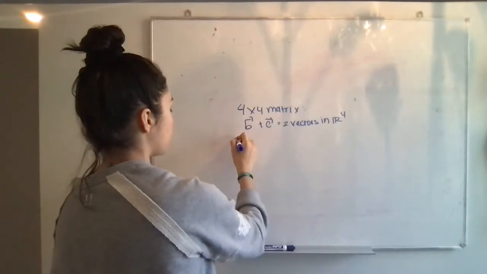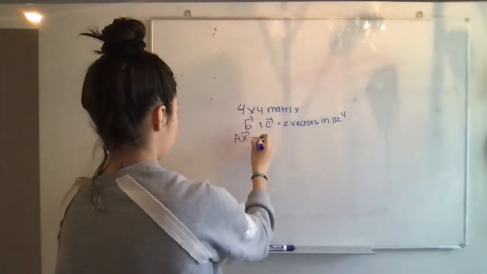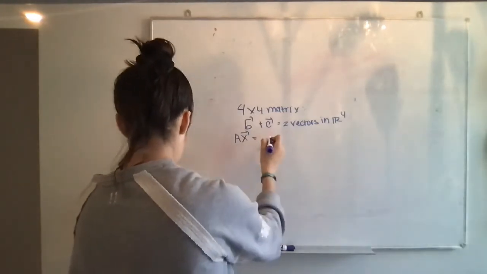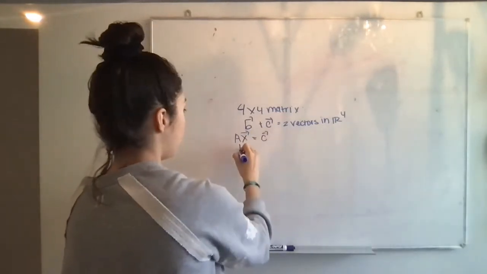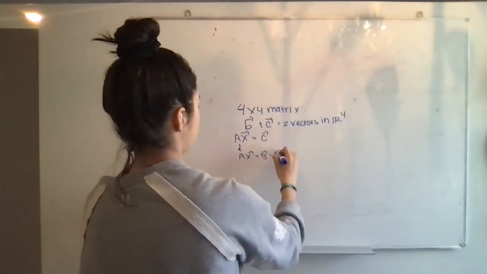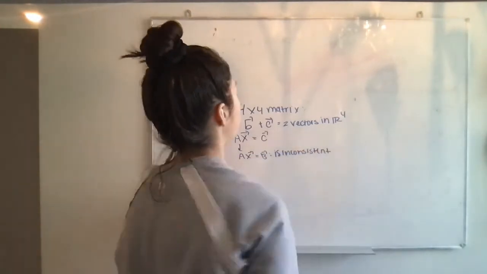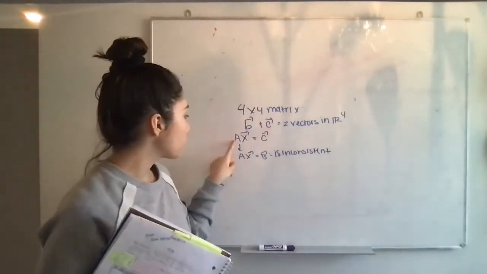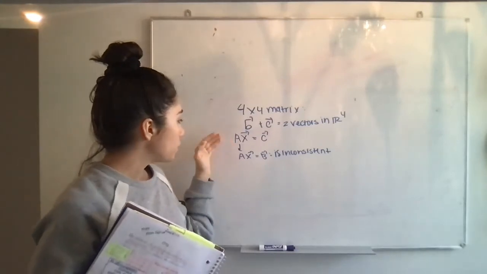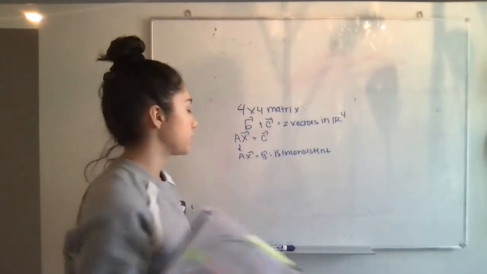We're trying to find the number of solutions for A times vector X equals C. What we know is A times vector X equals B is inconsistent. And the book wants us to show what the options are for this equation based on the fact that we know that this is inconsistent.